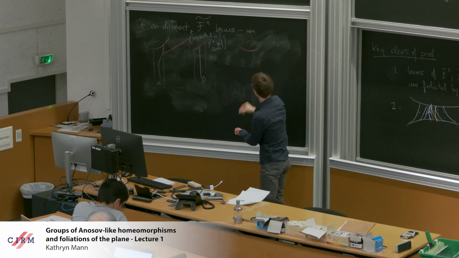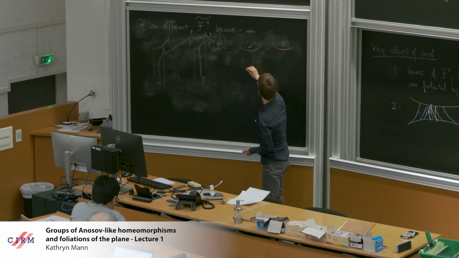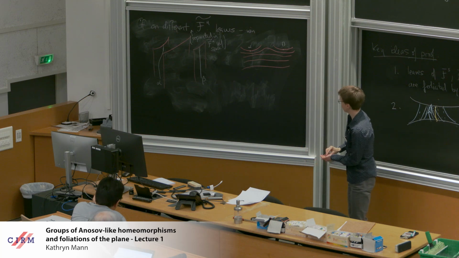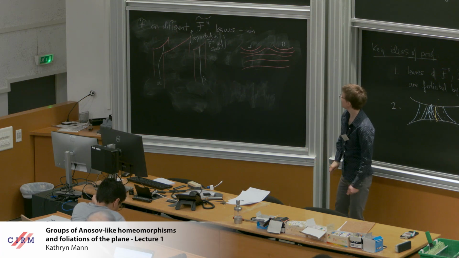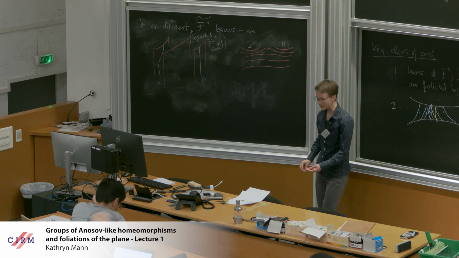Alpha lives on some leaf, beta lives on another, but I have a sequence of unstable leaves that accumulates simultaneously to both. Could happen. All right, so now what I need is to somehow find a different argument to separate these into open sets.